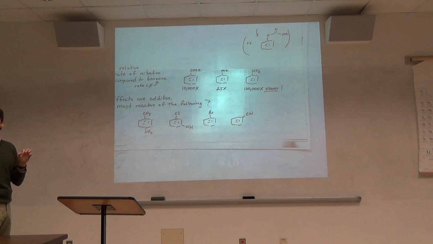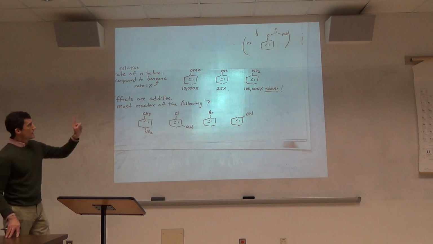I'm sure that's probably rounded off. That's a big number, 10,000 times faster, just because of the methoxy group donating its electrons into the ring, stabilizing what? The sigma complex, which has a positive charge. We'll see more exact resonance structures a little bit later.